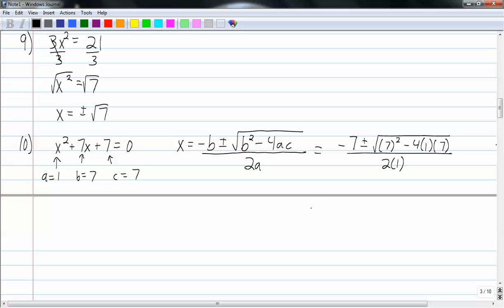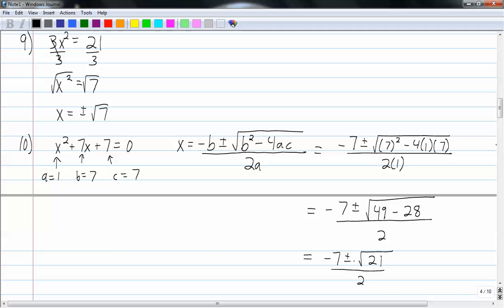Alright, so this is going to be negative 7 plus or minus the square root of 49, and now here I have negative 4 times positive 1 times positive 7. That's going to be negative 28 all over 2. So that's negative 7 plus or minus the square root. 49 minus 28 is 21 all over 2.